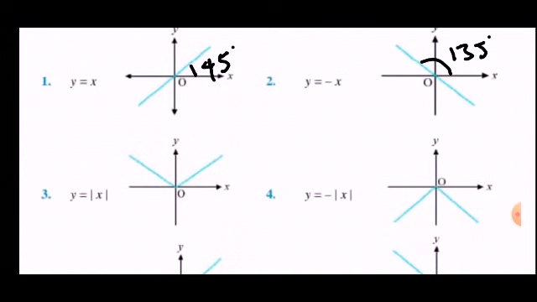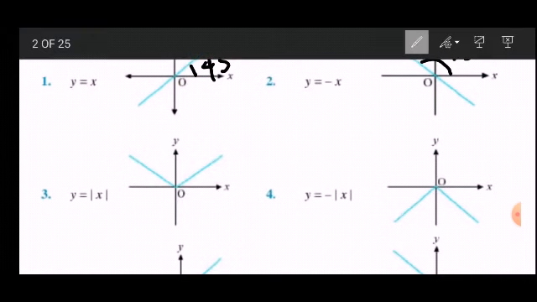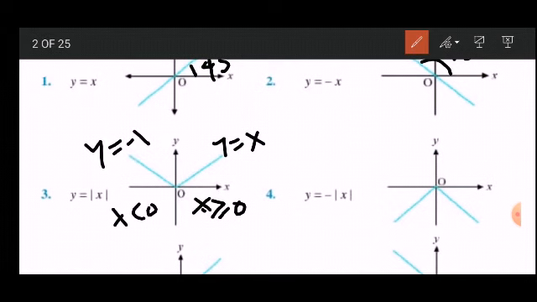So we say mod x is a piecewise defined function, as for x greater than or equal to 0, the line is y equal to x, and for x less than 0, the line is y equal to minus x. Here the line is y equal to x.